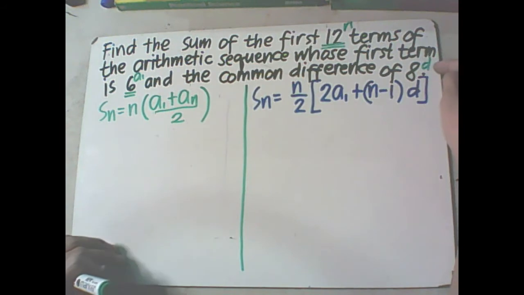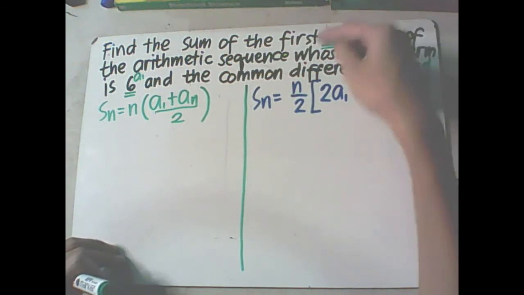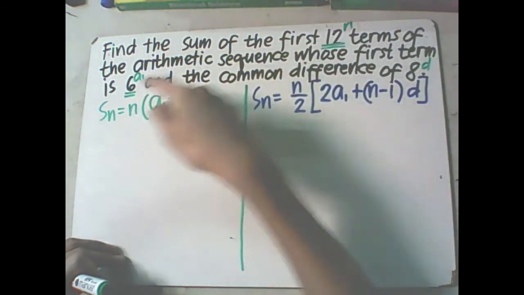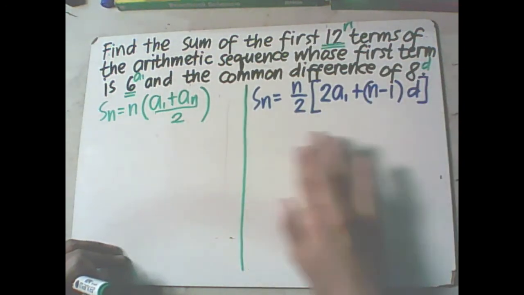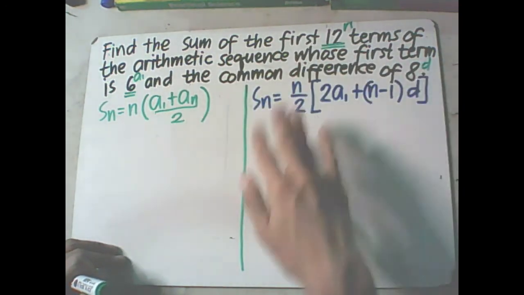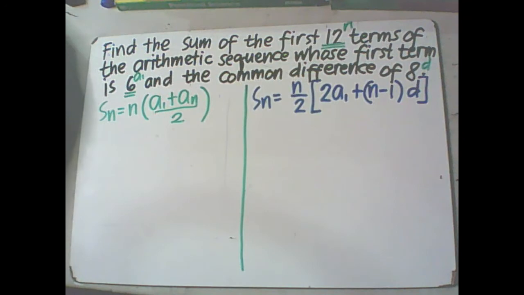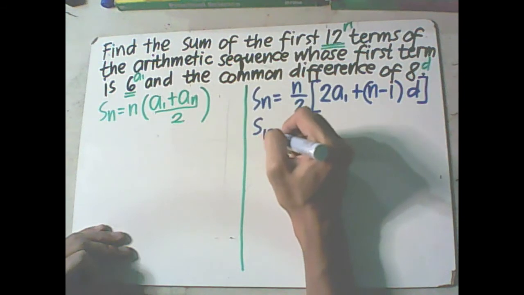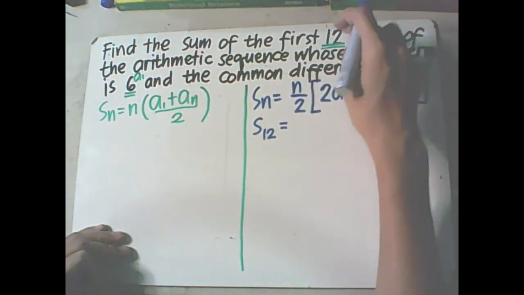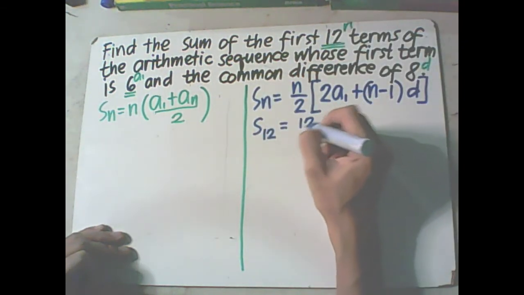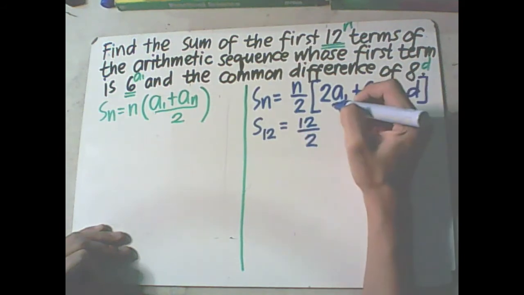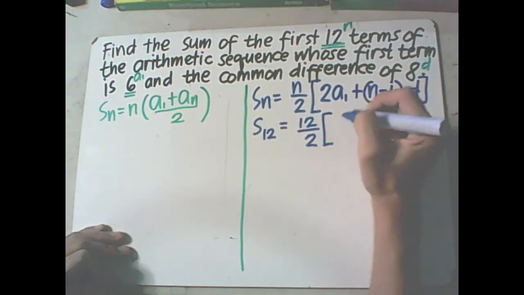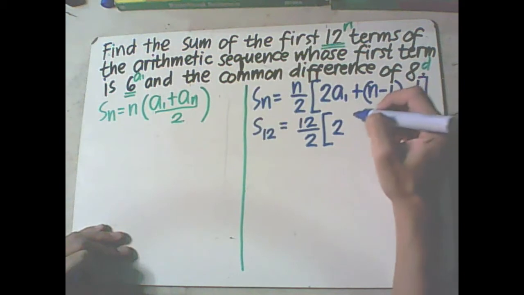So, let us look at the given. We have n, a sub 1, and d. And in here, all of them are involved. So we have to substitute. S sub 12, because we're talking of the 12 terms, is 12 over 2 times twice the first term.